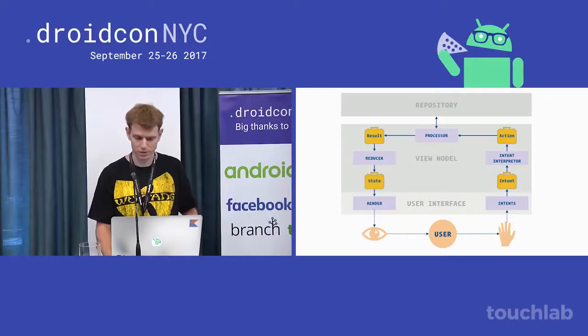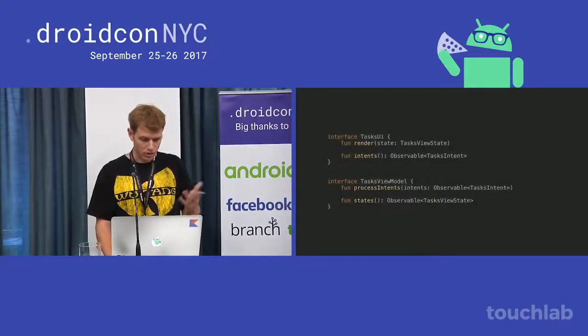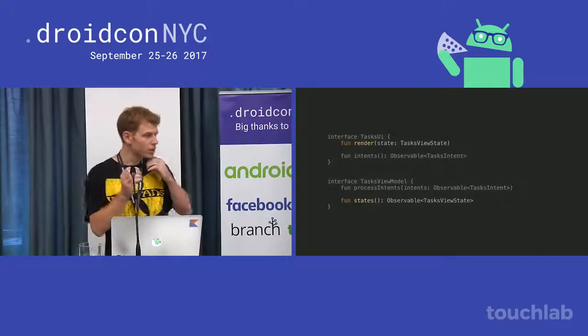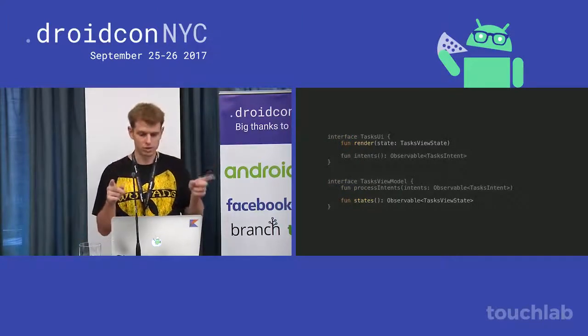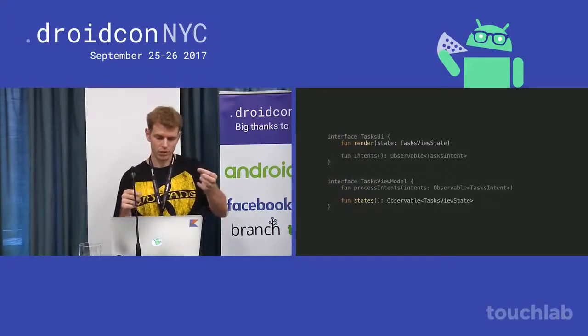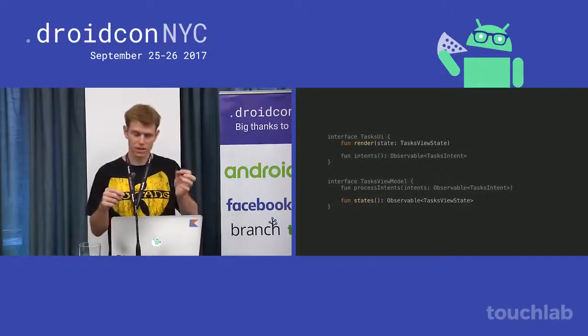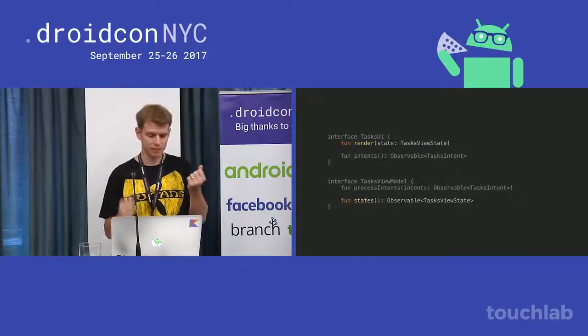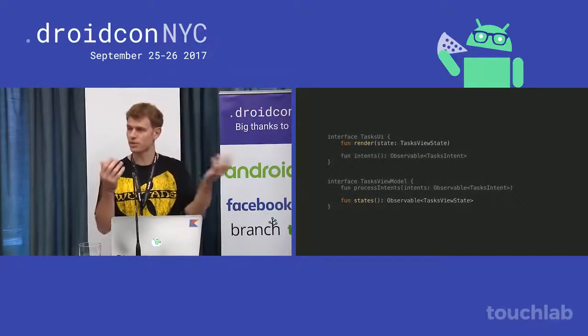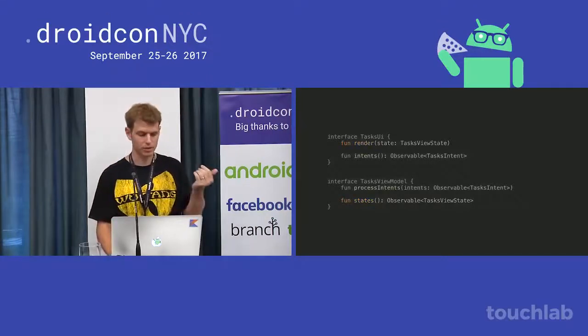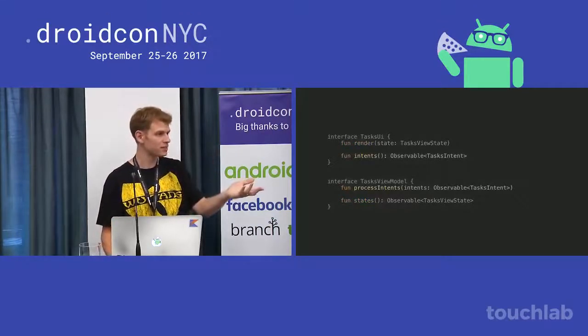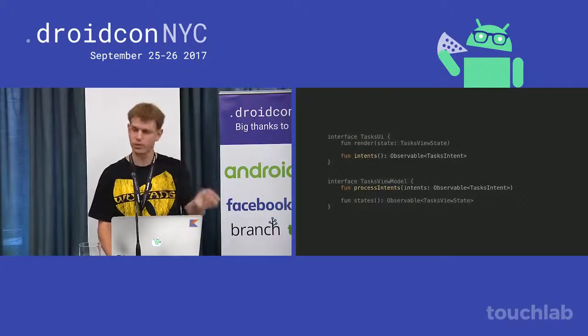The name is not really important, it's just that there is no Android. And so there is the UI and the view model, and basically they can only communicate through those two entries. The UI renders a state, its input, taken from the view model states, which is the view model output. And the other way, the UI emits intents, which are the only entry point to the view model.